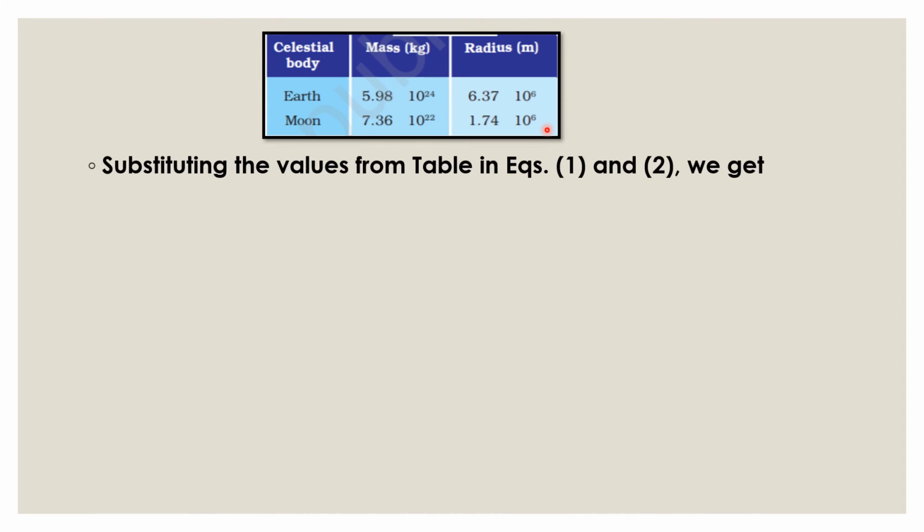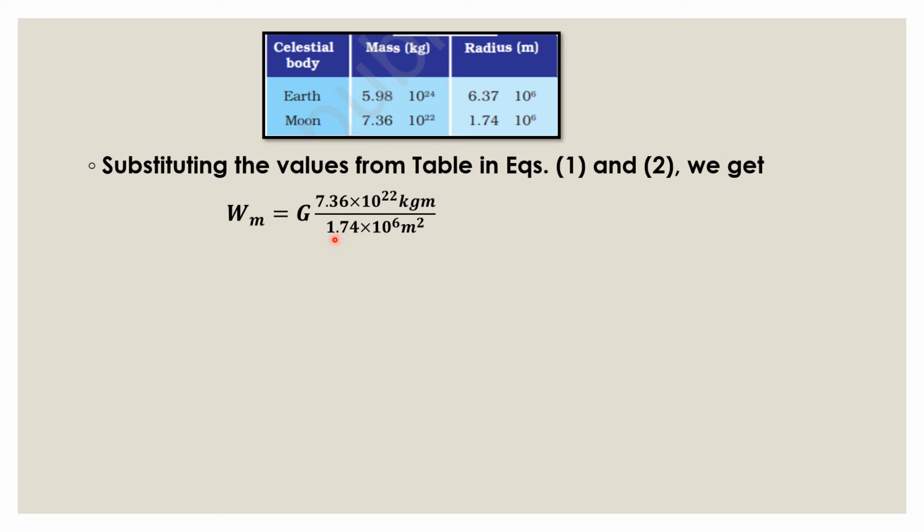Now substituting these values in equation 1 and 2, we will get weight of moon as G into the value 7.36 into 10 to the power 22 kg into m. That is, we have kept the value of the object as m only, and we have not substituted any value for m.